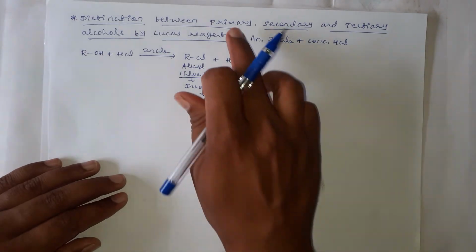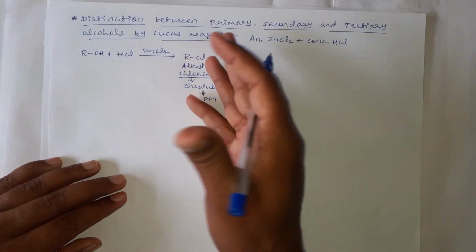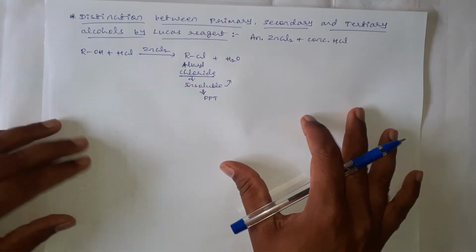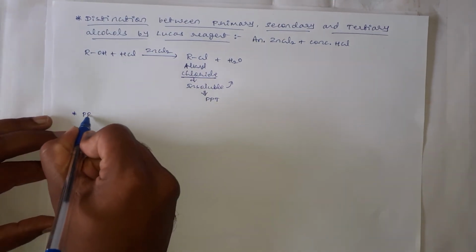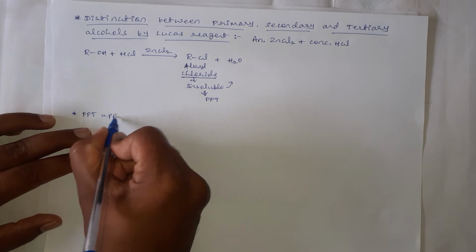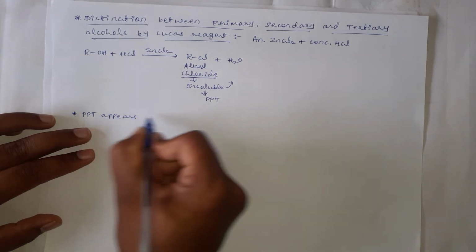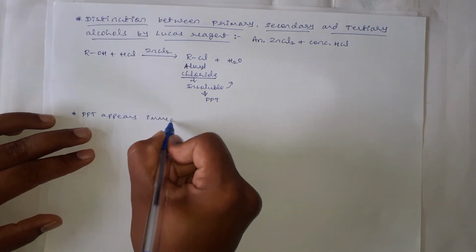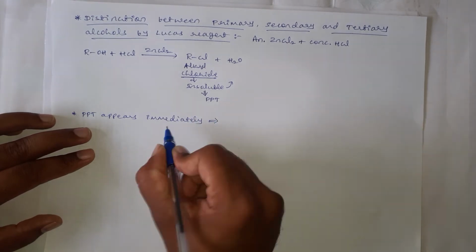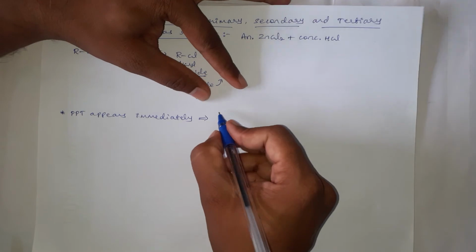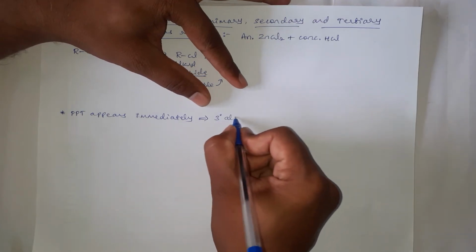And here these different types of alcohols react differently with the Lucas reagent. If the precipitate appears immediately, then the given alcohol is a tertiary alcohol.